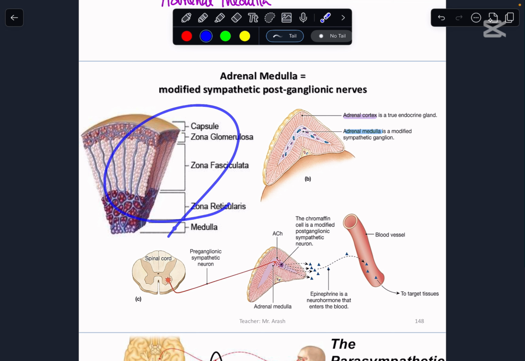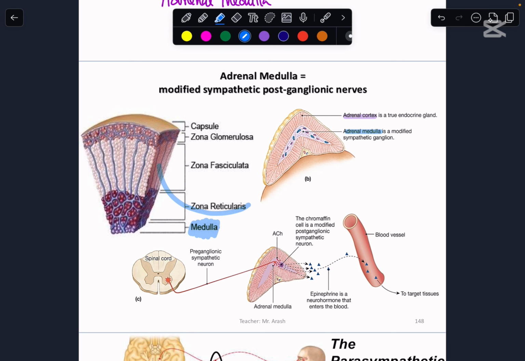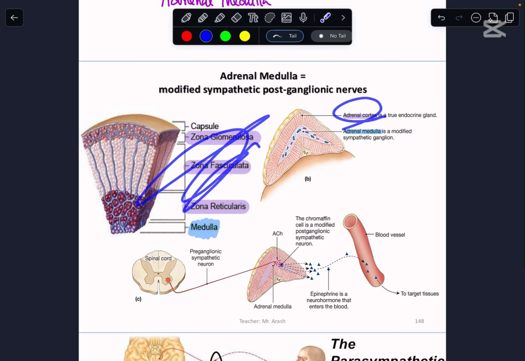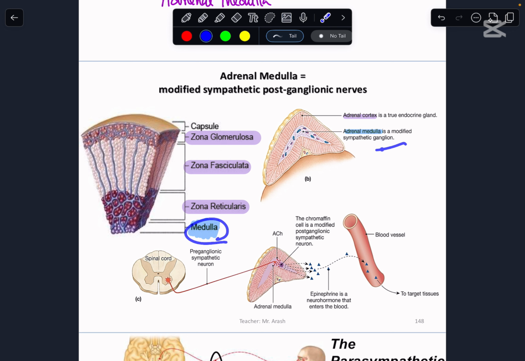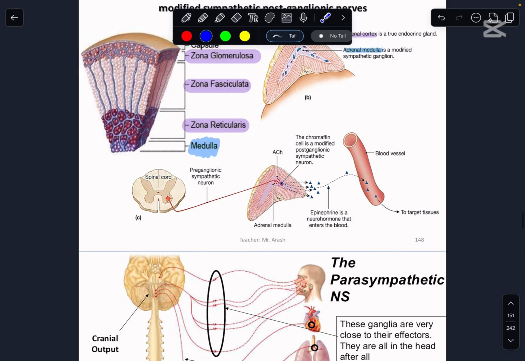And these are just parts of the cross section of the adrenal gland. Here's the medulla that we're interested in at the bottom. All of these parts are actually part of the adrenal cortex. So all of that, zona fasciculata, reticularis, they're all part of the cortex, which we don't care about. You are only talking about the medulla for this lesson.